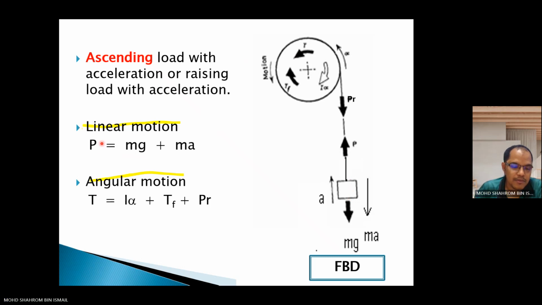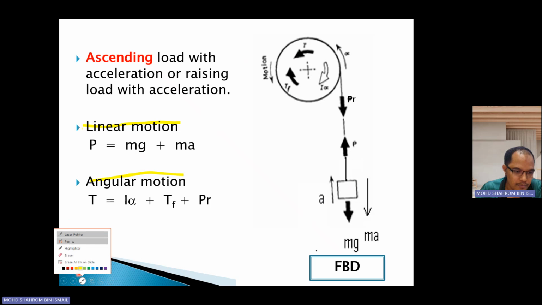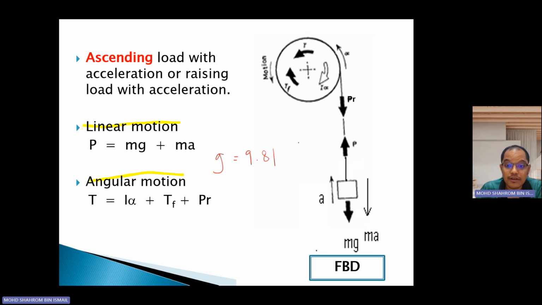So P, mostly the unit supposed to be Newton lah. So equivalent to mg. M is mass multiplied by g. G is gravity. Of course, g will always acting downward, and the value of the gravity is supposed to be constant. It's consistent throughout, where the gravity is supposed to be 9.81.